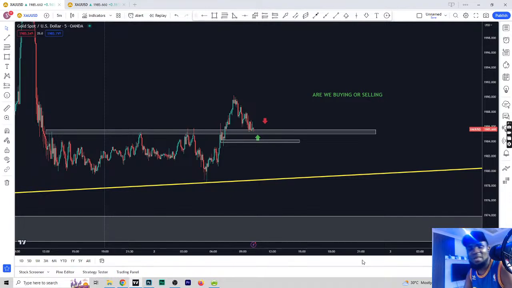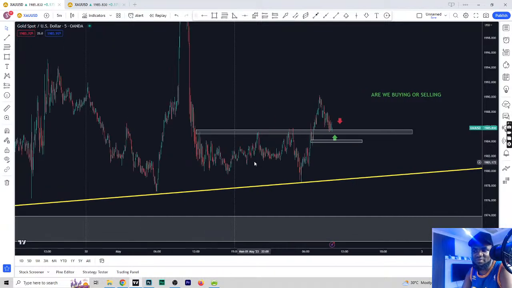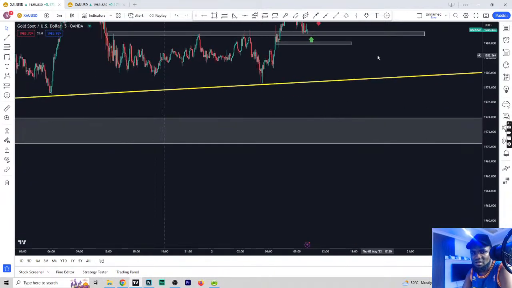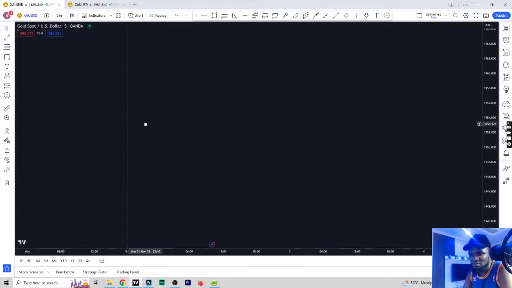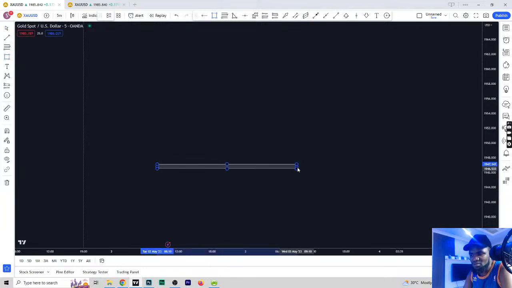All right, maybe people have not understood it, so I need to repeat one thing. Maybe people didn't understand what I was teaching. This is the support zone. This is the resistance zone.